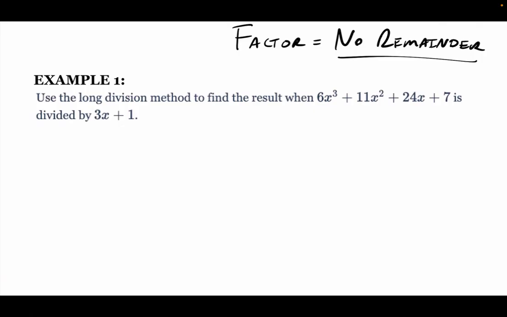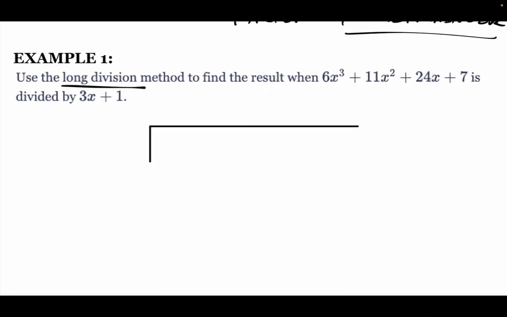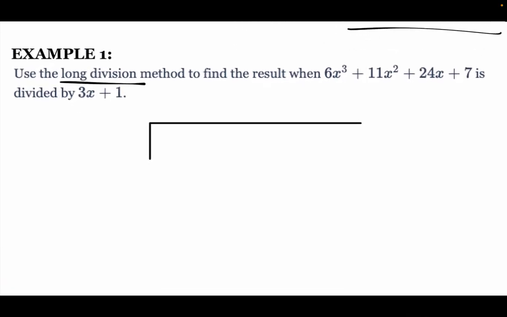It says long division. Okay? So long division involves a house. The house is going to be a little bigger because it's a polynomial, but besides that, it's about the same. The first guy goes inside the house, right? 6x cubed plus 11x squared plus 24x plus 7.